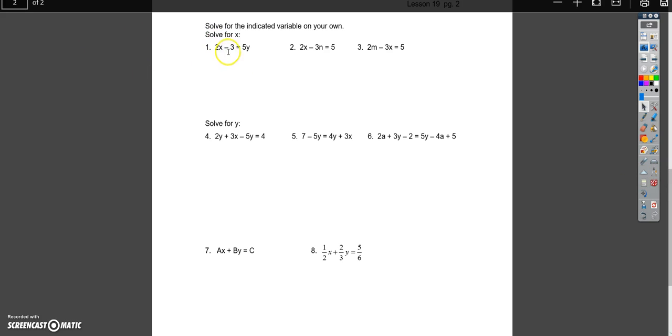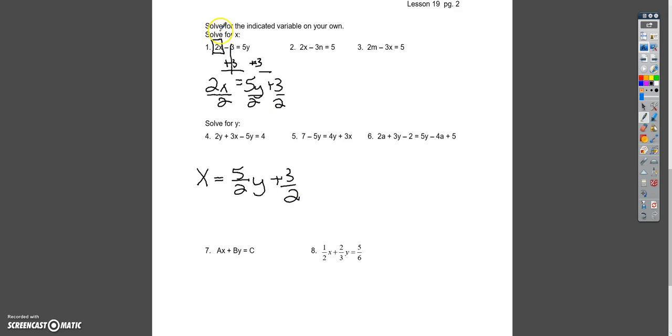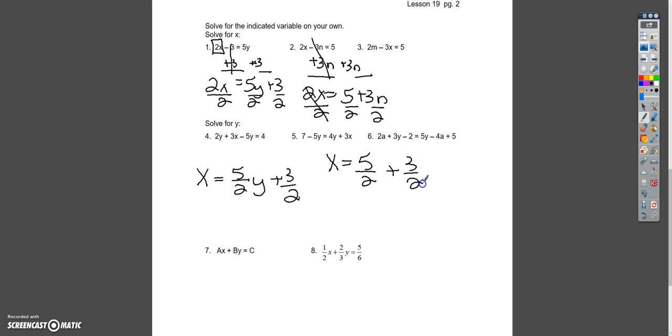But we will do them in class. It's the same problem except for different variables.